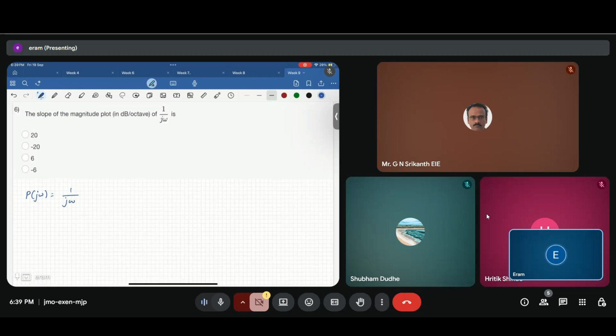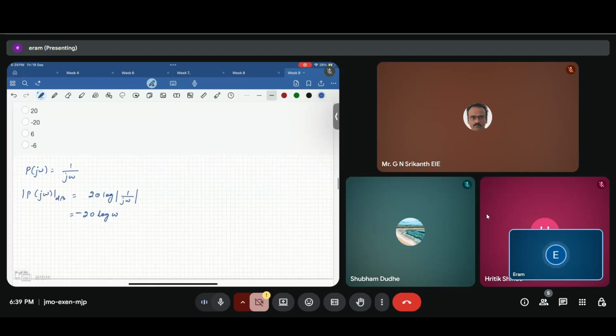Okay, so first let's calculate its magnitude. Its magnitude in dB is nothing but 20 log of the magnitude of 1 by j omega. Since j omega is in the denominator, we can directly write minus 20 log omega.